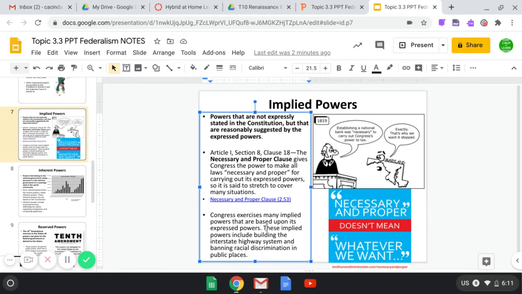So examples would be building the interstate highway system, banning racial discrimination. You could also put other forms of discrimination there as well. So it's implied that these laws are okay. So that's for the Supreme Court to decide if these will function.